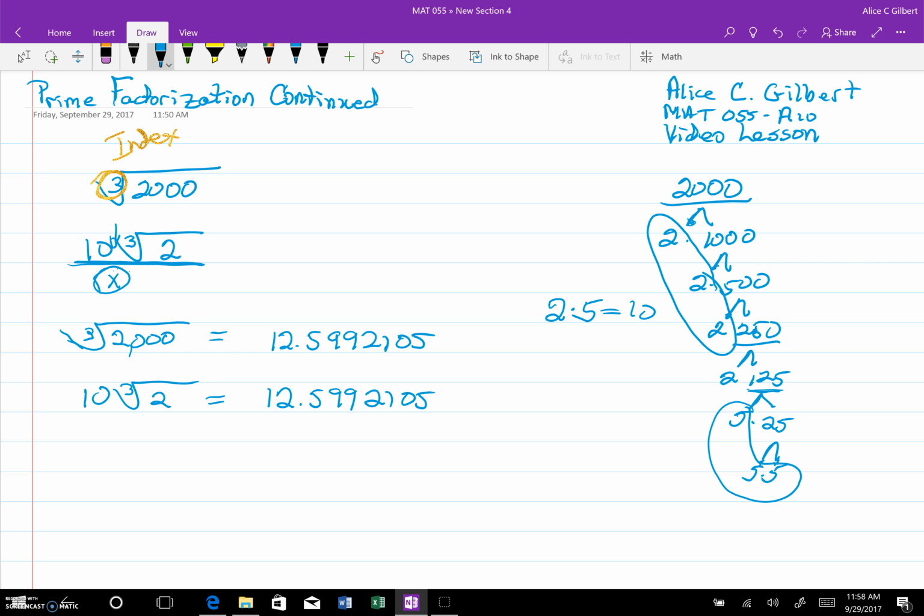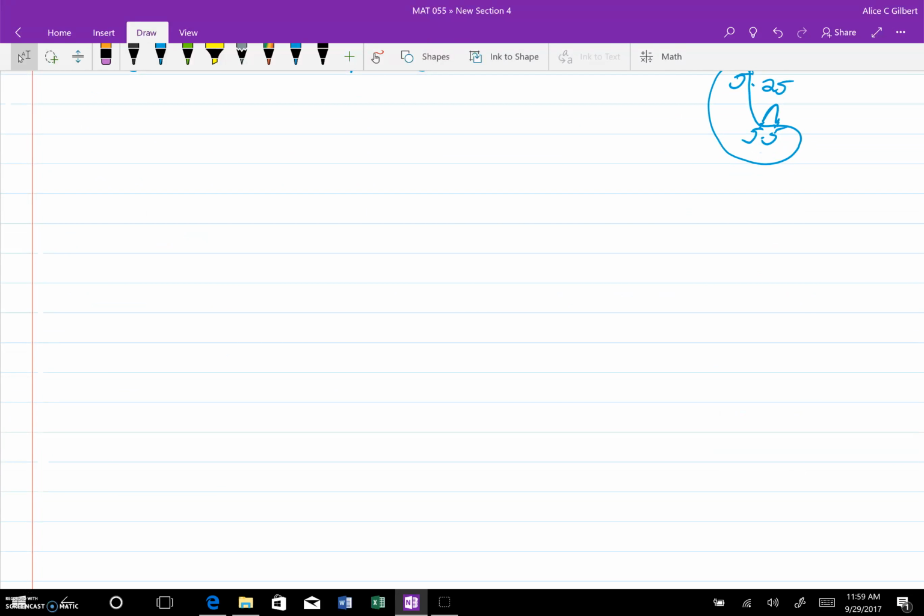Again, this is like if the cubed root of 2000 were like 3/12, it's not, but if it were like that, I would never accept that as a final answer because it's not reduced. And 10 times the cube root of 2 is the reduced form of that. Okay? Let's do another example.